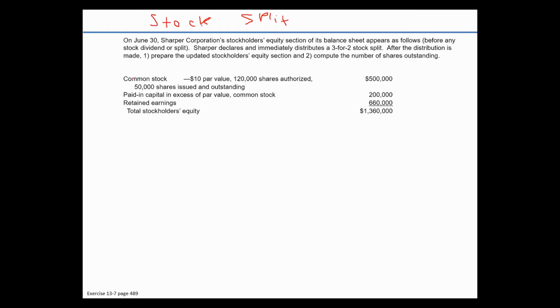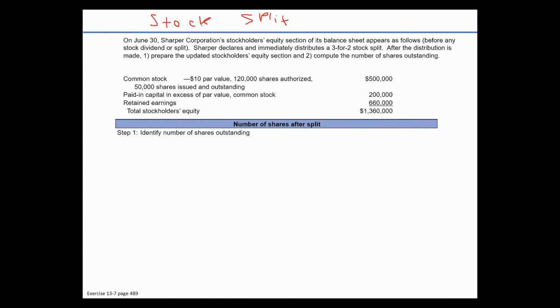On June the 30th, the Sharper Corporation's stockholders' equity section of its balance sheet appears as follows before any dividend or split. Now, Sharper declares and immediately distributes a 3-for-2 stock split. So after the distribution is made, we're going to prepare the updated stockholders' equity section and compute the number of shares that are outstanding.